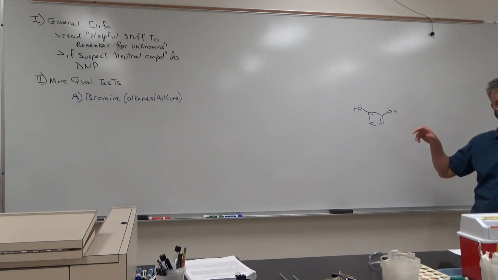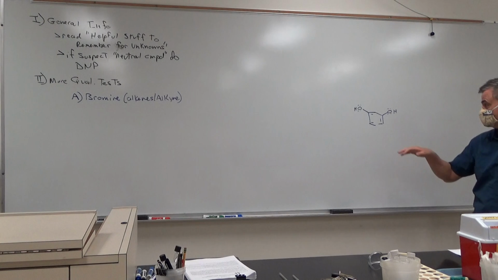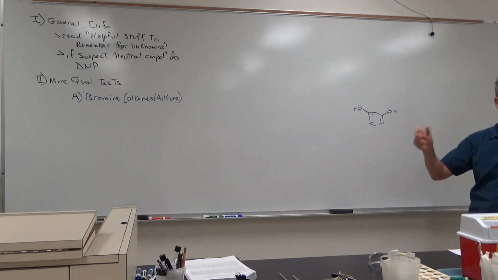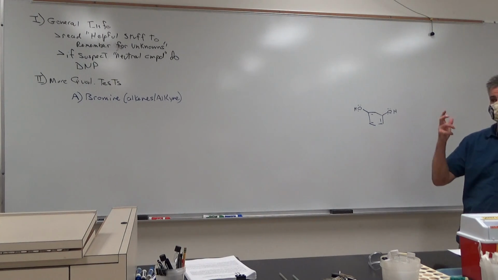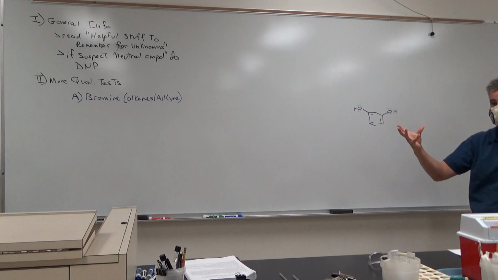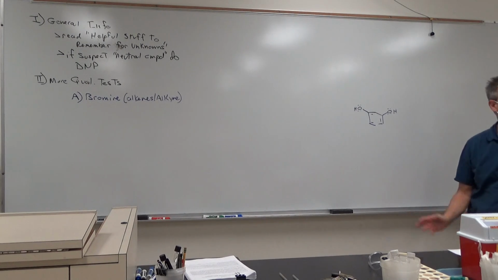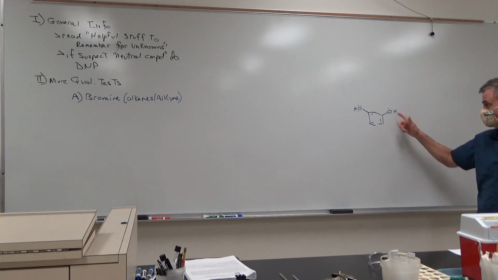All the ortho-para directors are electron donating. They push electron density into the ring. Highly electron donating groups can make it react with bromine even without a catalyst. Okay? Except for halogens.